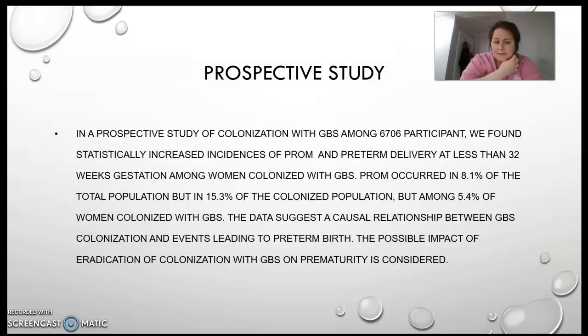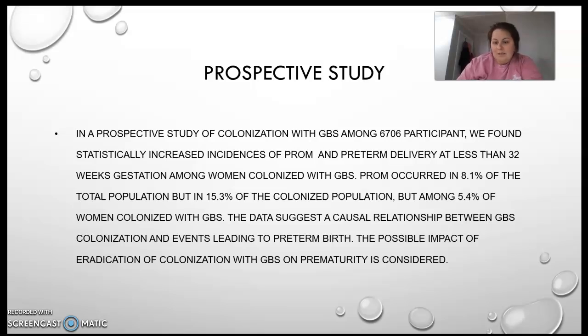In a prospective study of colonization with group B strep among 6,706 participants, they found statistically increased incidences of premature rupture of membranes and preterm delivery at less than 32 weeks of gestation among women colonized with group B strep.